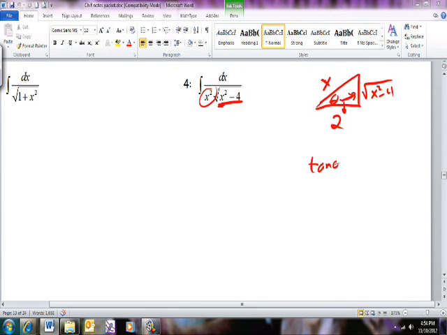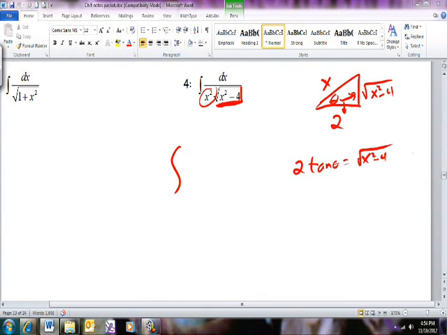So tangent of theta is my opposite, which is the root x squared minus 4, over my adjacent, which is 2. Now the goal was to get an expression for the x squared minus 4, so we multiply by the 2 to get that out of there. So that cancels, and I get my square root of x squared minus 4 to be, quite simply, 2 tangent of theta.